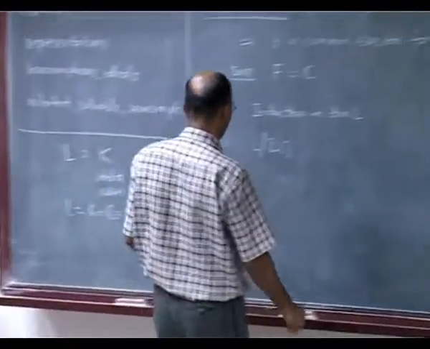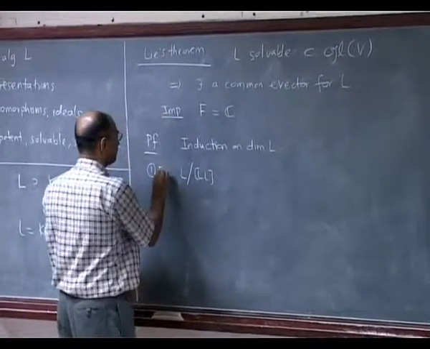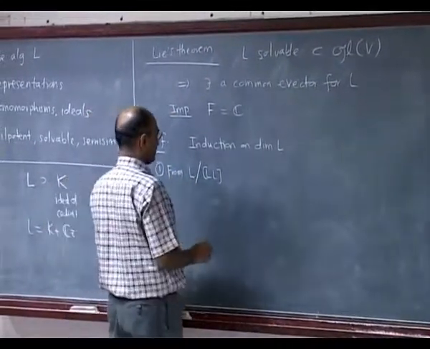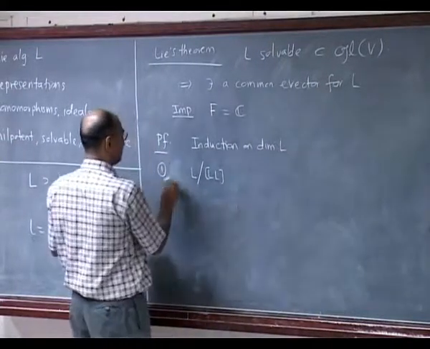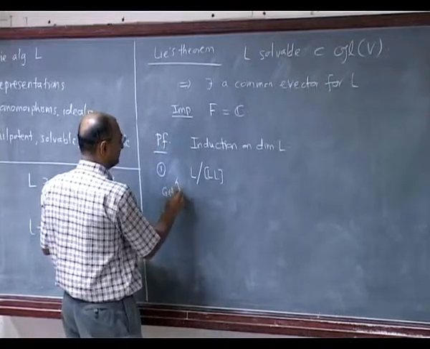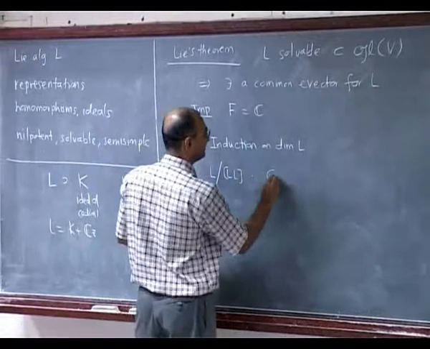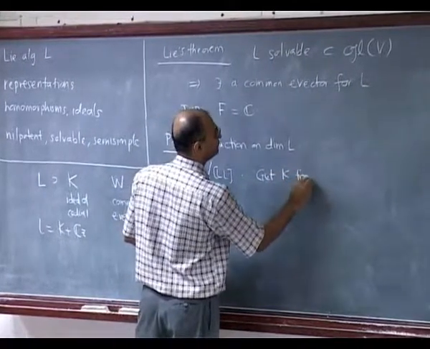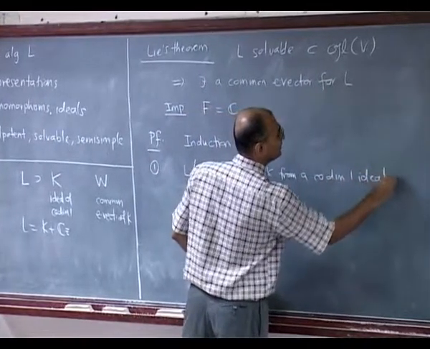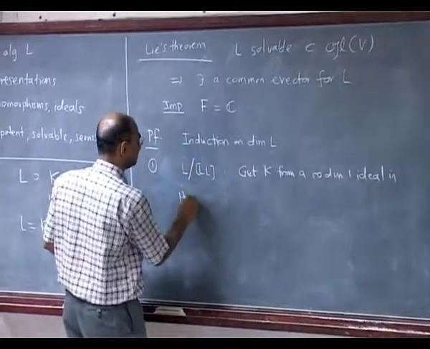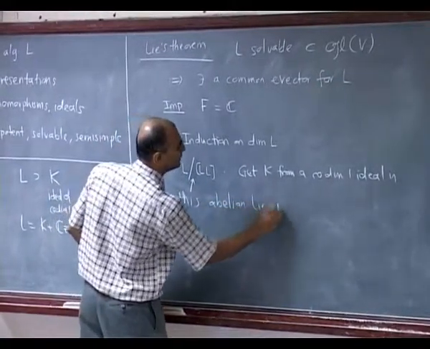So let's get K from a codimension 1 ideal in this abelian Lie algebra.